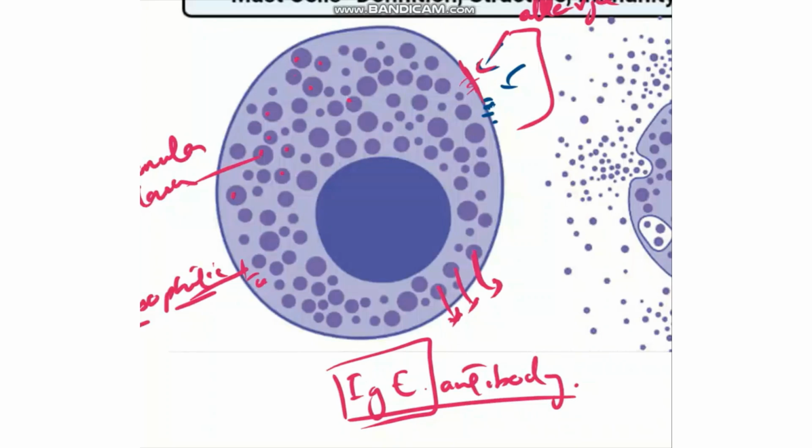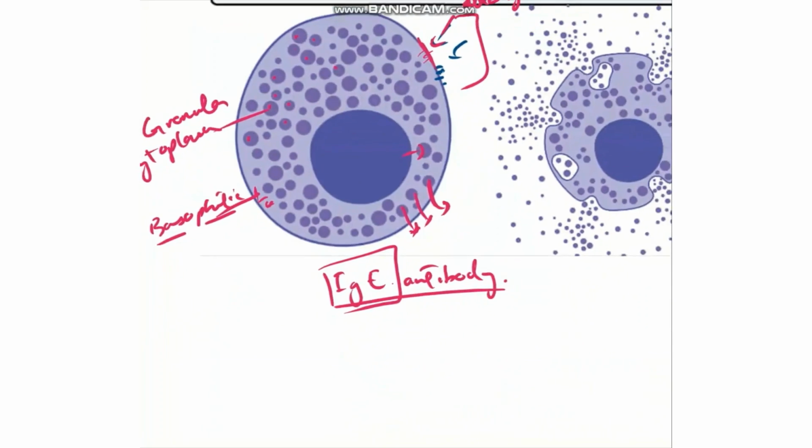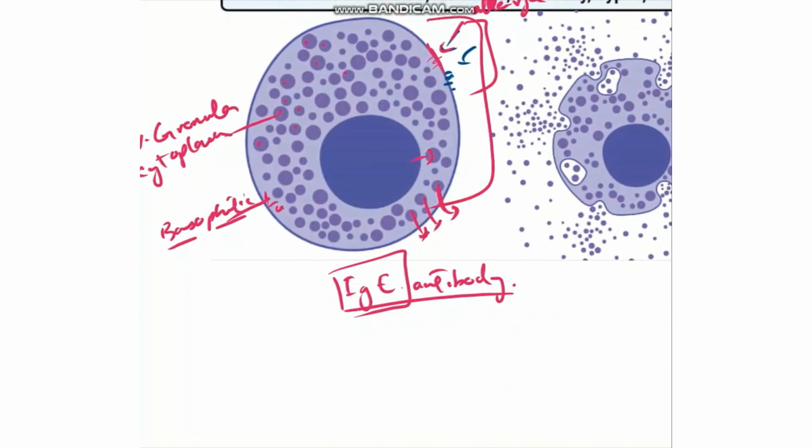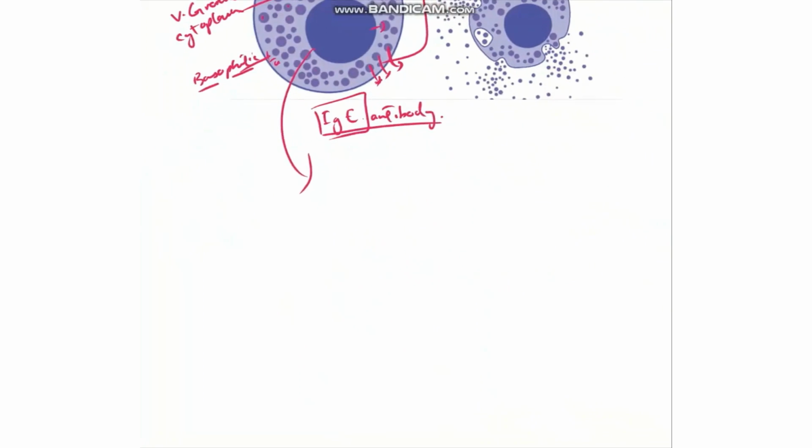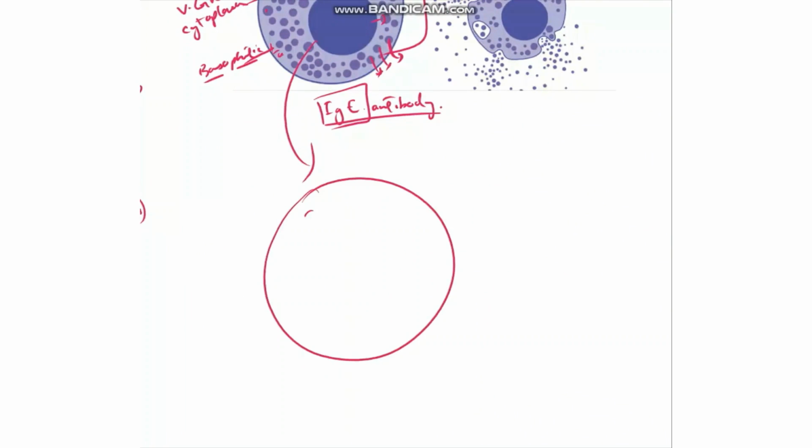So they would produce the antibody after, for example, the first allergic reaction. This cell would then produce, let me just draw this here. These all would be your granules, and then this would be your nucleus.